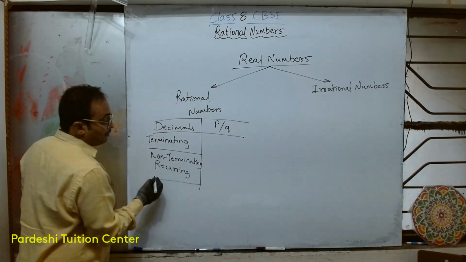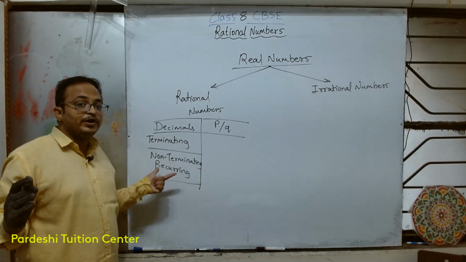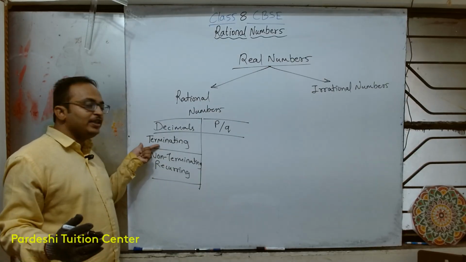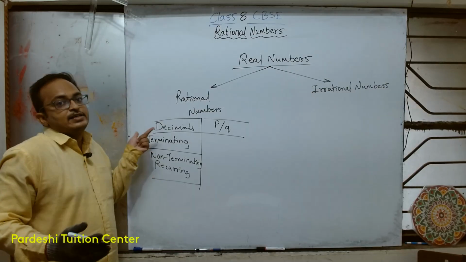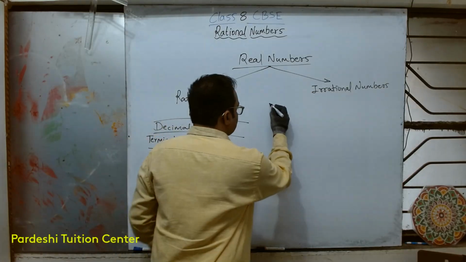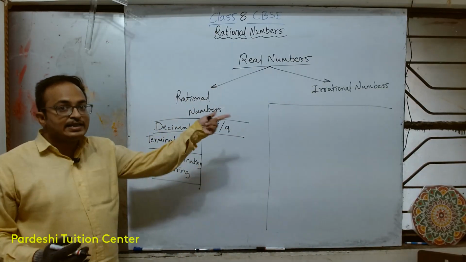Okay, see, I am teaching you at a depth, so I am going to make you understand the meaning of terminating decimal as well as non-terminating recurring decimal. Let us take some space here and find out what is terminating decimal.